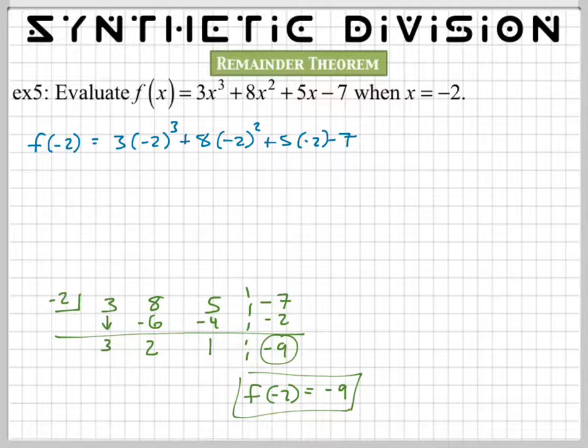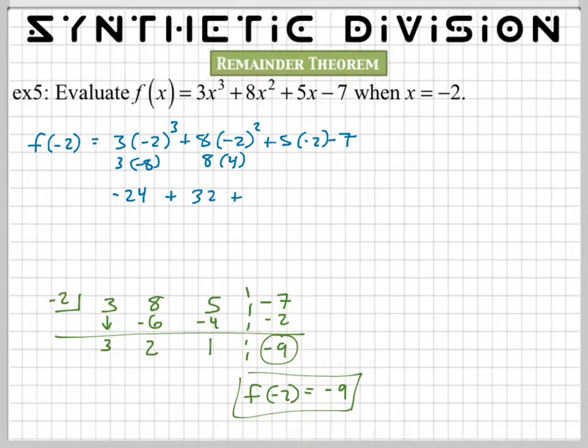Now this is why this is so cool. If I go back up here to what you guys knew how to do before, I'll go through this kind of quickly. -2 raised to the third power would be -8, and I would have to multiply that times 3, and I would get -24. Plus, this would be a +4, so I have +4 times 8, that would be a 32.